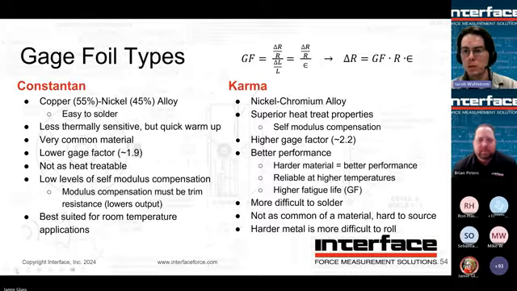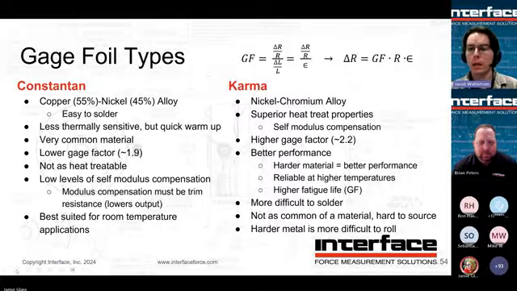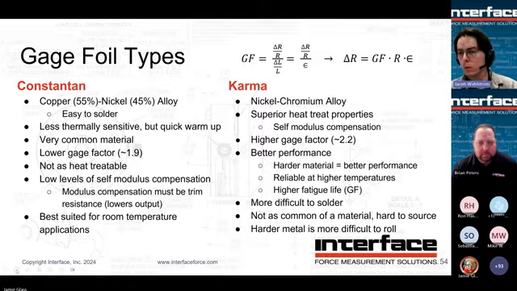And we switch over to Karma. That's what Interface uses. It's a nickel chromium alloy, and it's able to be heat treated in a way that makes it way more conducive to self-modulus compensation. So it doesn't need extra trim in order to modulus compensate, because that'll reduce your output. And in addition to that, it also has a higher gauge factor, which means better resolution, better performing load cell.